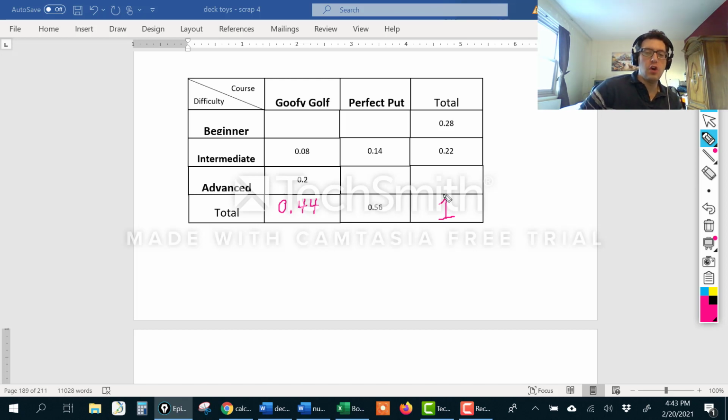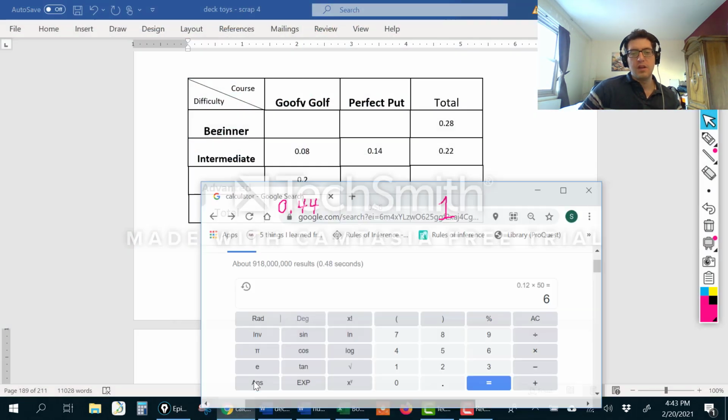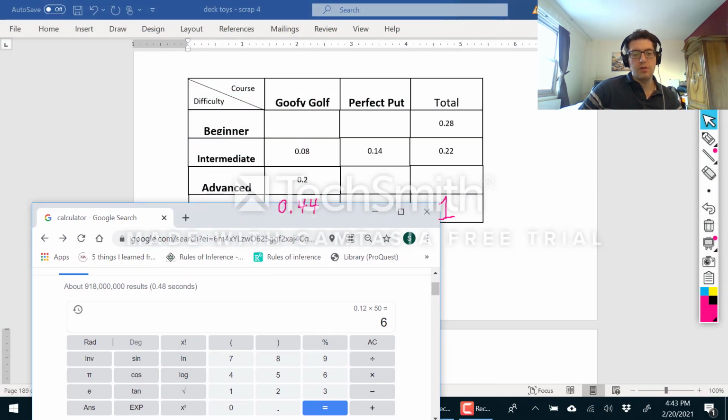Okay, what should go over here? Well, we can figure that out by doing 1 minus 0.22 and then minus 0.28. And that would be 0.5. I just want to show you what I'm doing. So it's 1 minus 0.22 minus 0.28.